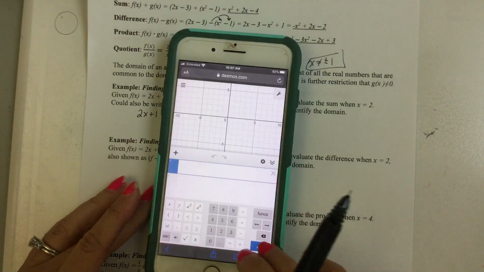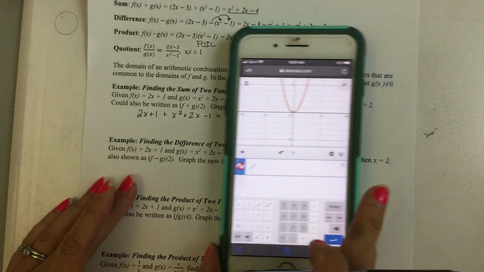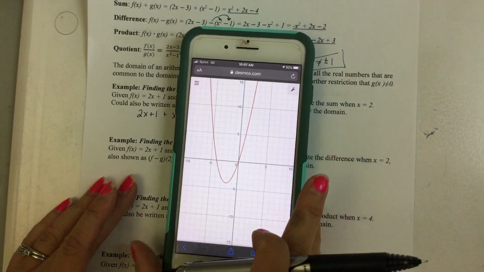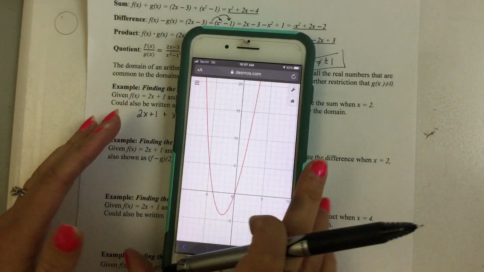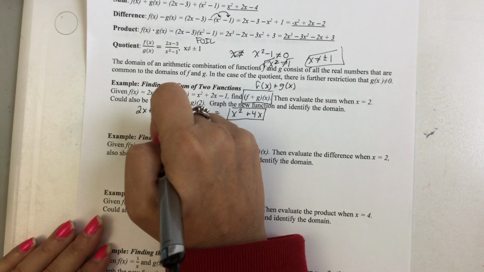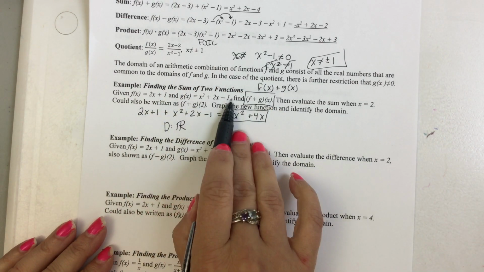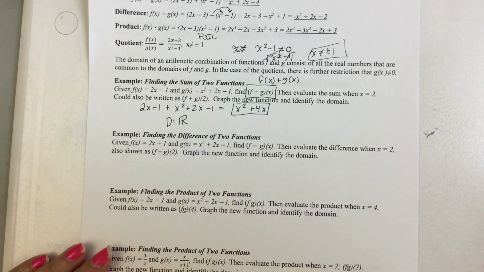So if I go ahead and graph x squared plus 4x, our domain is going to be all reals because this continues to the left and the right. It was all reals for f of x, all reals for g of x. So when I combine the two functions, the domain holds true.